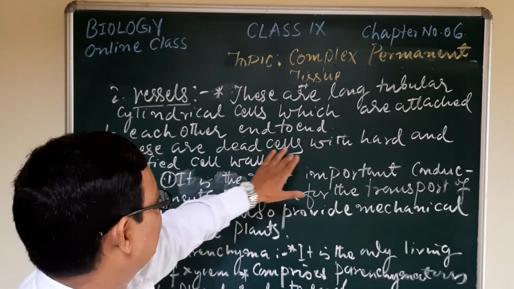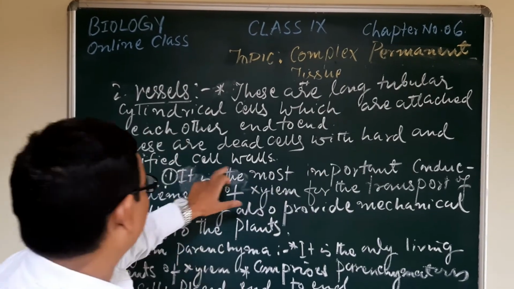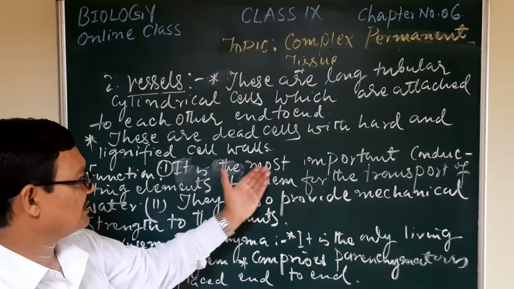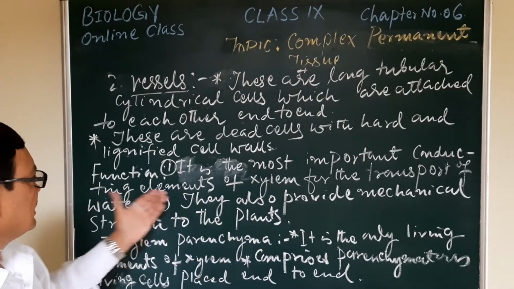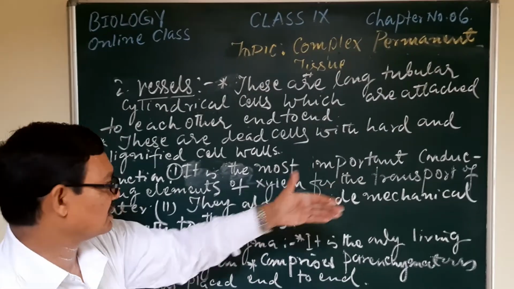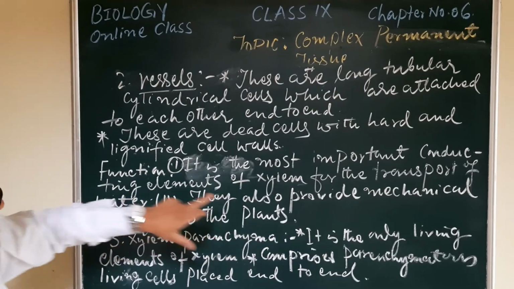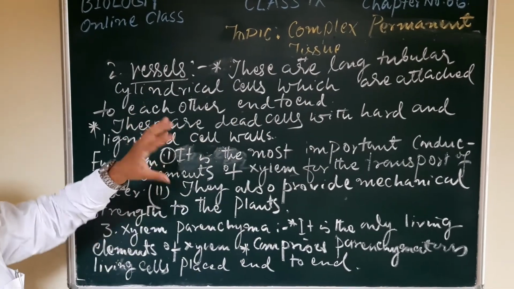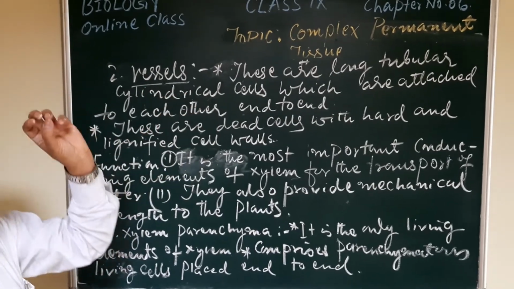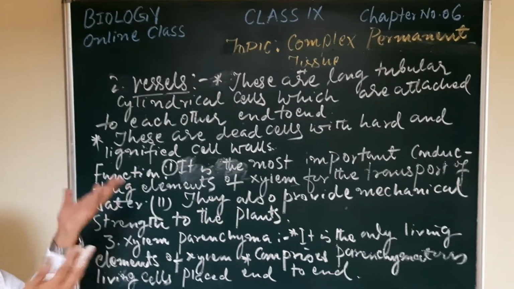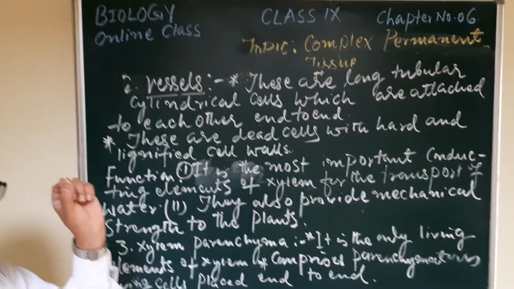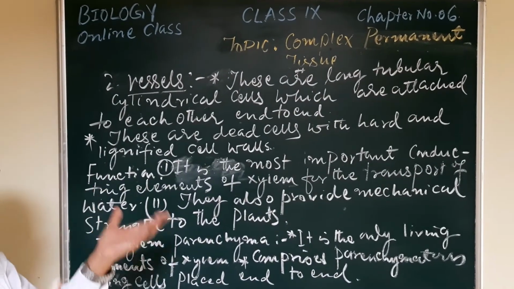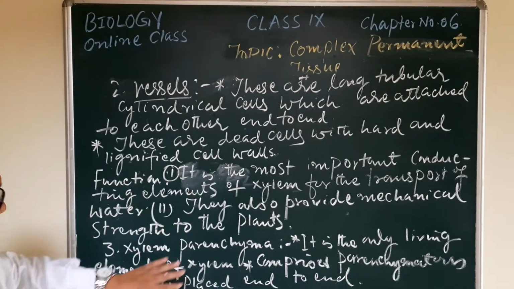These are dead cells with hard and lignified cell walls. It is the most important conducting element of xylem for the transport of water. They also provide mechanical support, because whenever there are dead cells they do specific functions along with the usual function of support and mechanical strength.